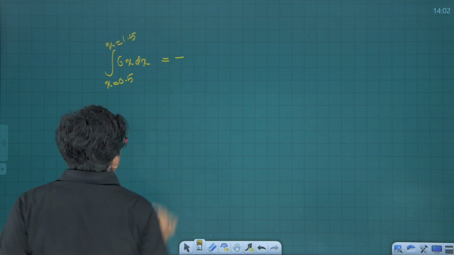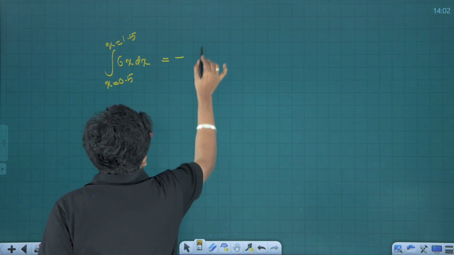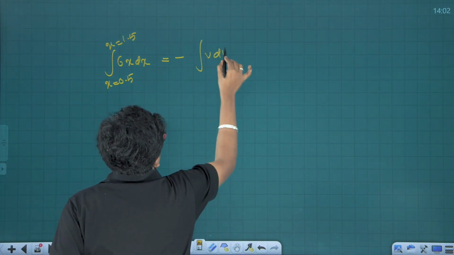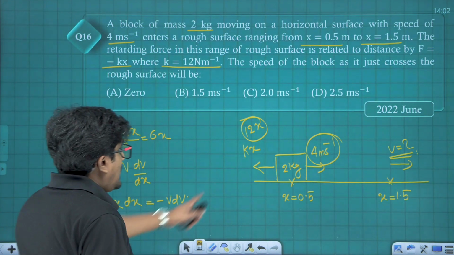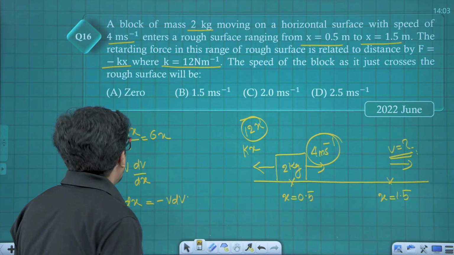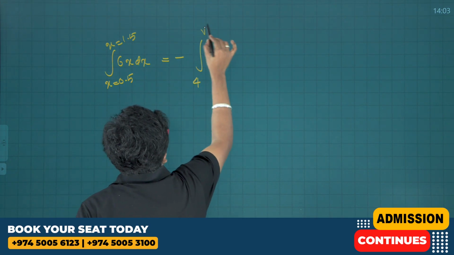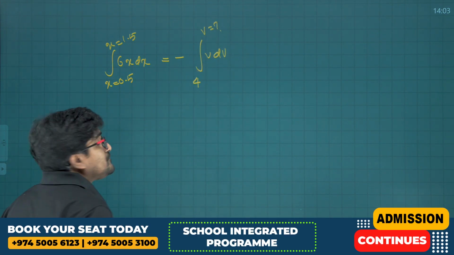That is going to be minus of integral of v dv between the limit, initial velocity 4, while entering it was having a speed of 4. And final velocity, we don't know, we need to get it.